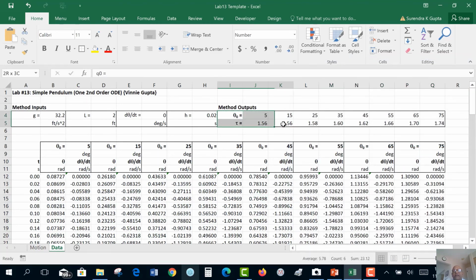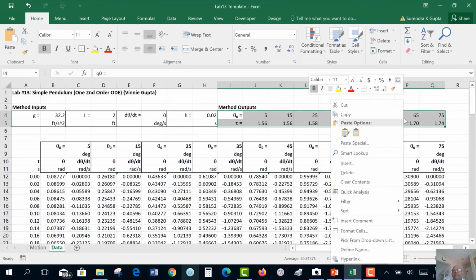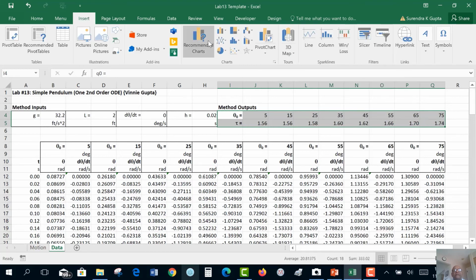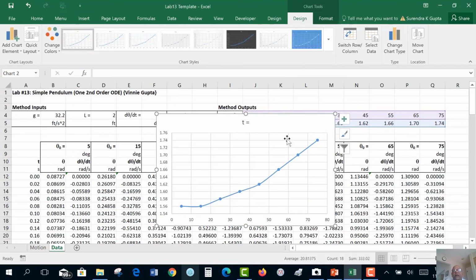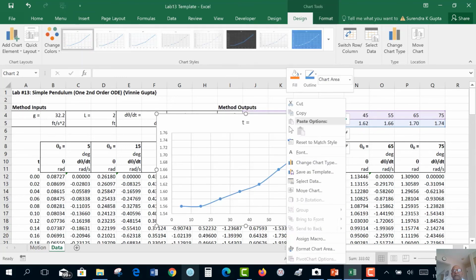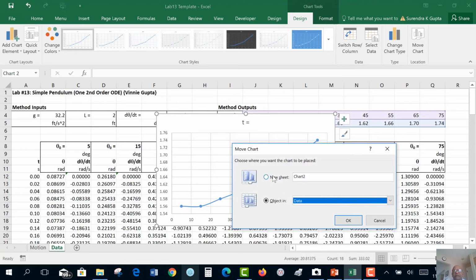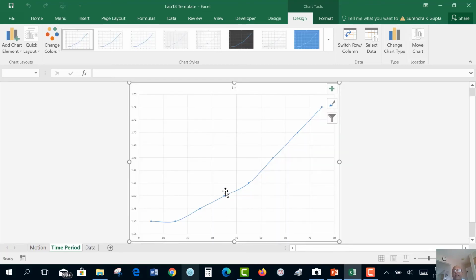Okay, and then we want to plot these. Again, we'll put it on a new sheet. Call it time period. Okay, and so the x-axis looks okay, y-axis looks okay. We just need to add chart elements.